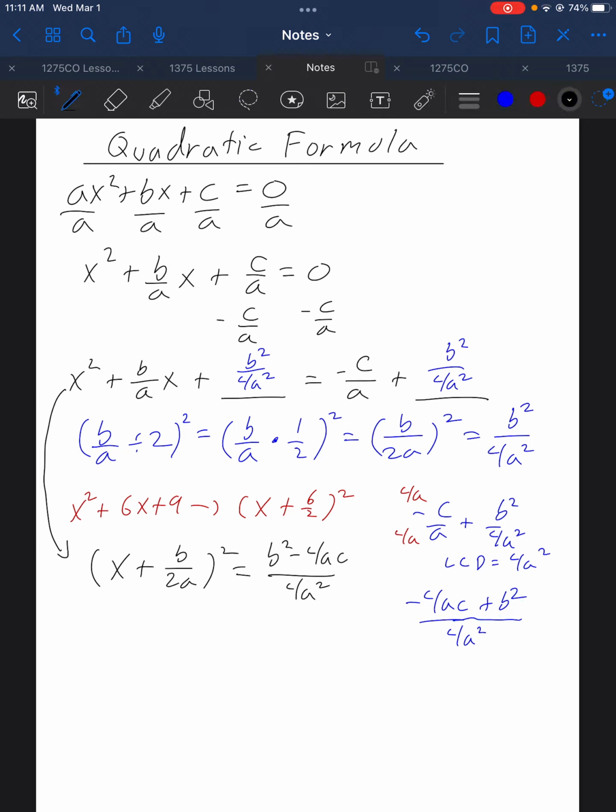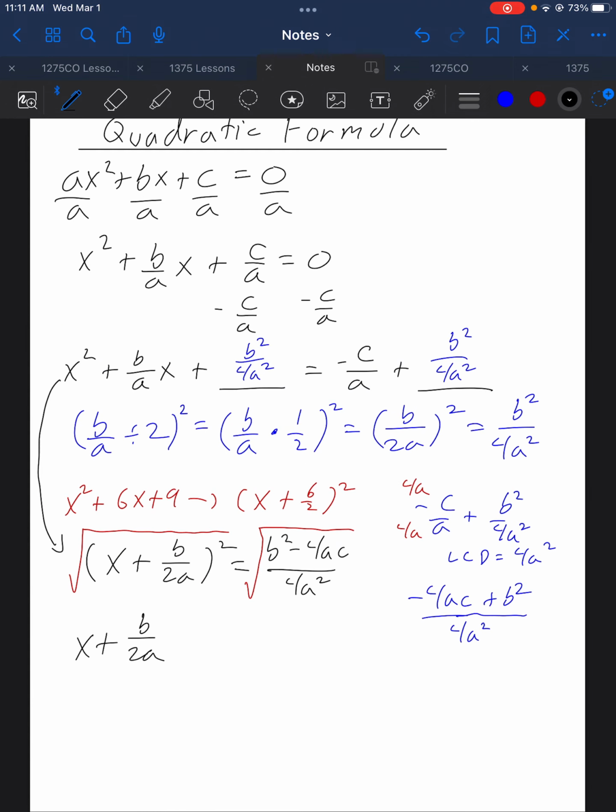So what's up next? The square root property, everyone's favorite square root property. We're going to take the square root of both sides. That becomes x plus b over 2a equals the square root of b squared minus 4ac over 4a squared.